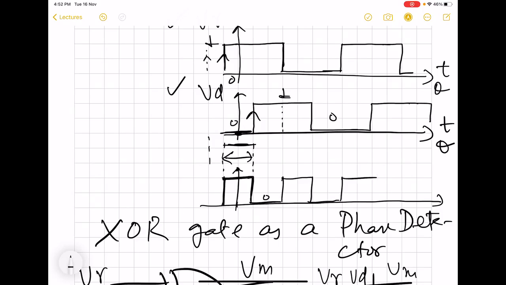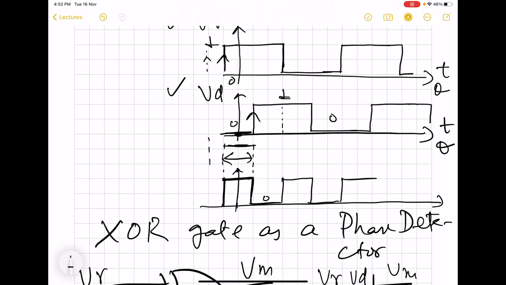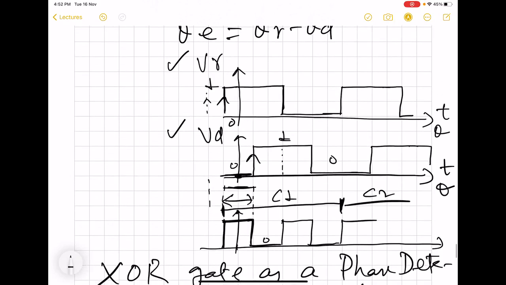One cycle of, say, input VR or VD will correspond to this much duration, starting from here to here. So this is the first cycle, and then this is cycle number 2. Here we have taken the frequencies of the two to be equal, so omega r is equal to omega d.